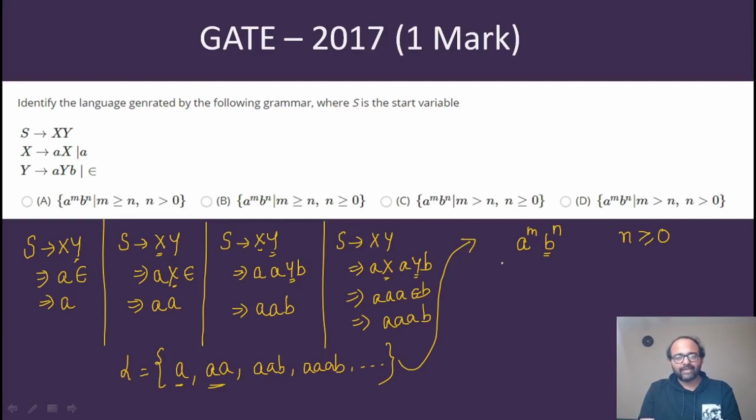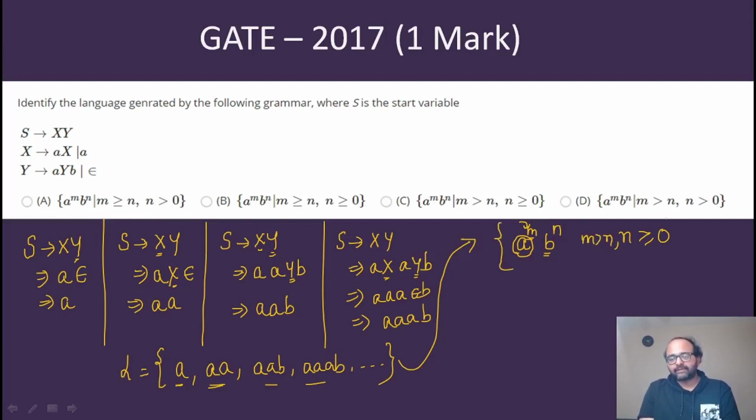And how about the number of a's, which is represented by m? Is m greater than n or equal to n? It is strictly greater than n. Why? Because you don't see any string with an equal number of a's and b's at all. Always the number of a's generated is greater than the number of b's. So the m value should be strictly greater than n.